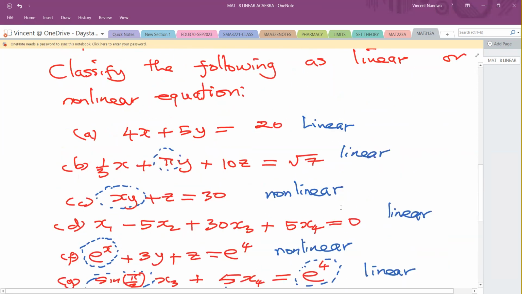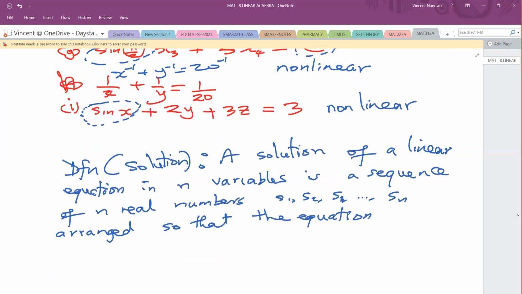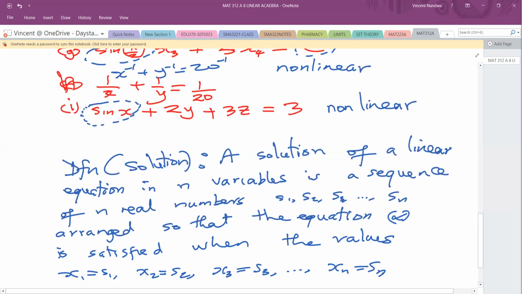We had called our equation alpha. So this equation alpha is satisfied when the values x1 equals S1, x2 equals S2, x3 equals S3, all the way up to xn equals Sn are substituted into the equation.